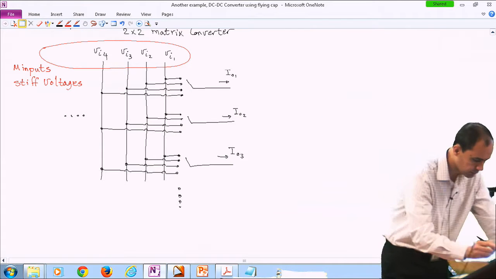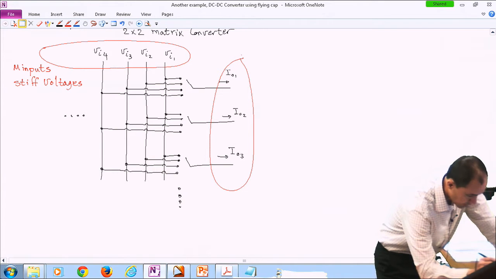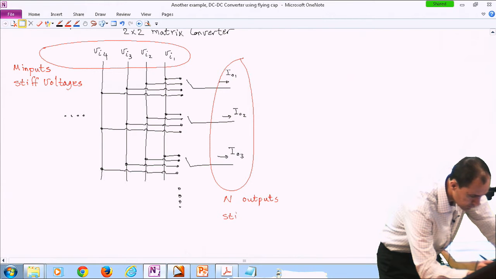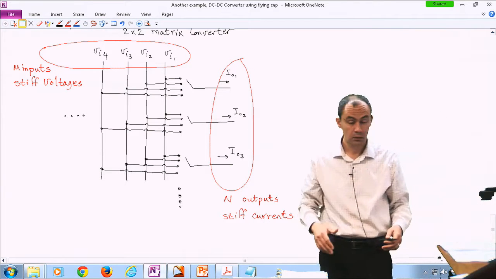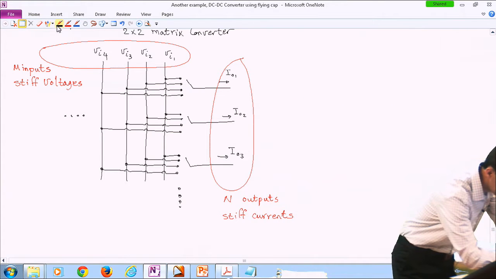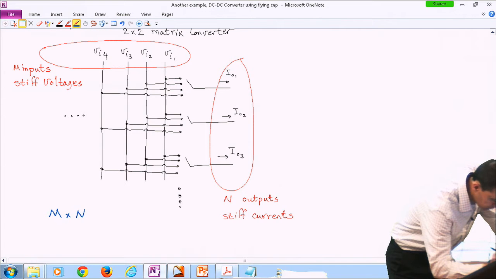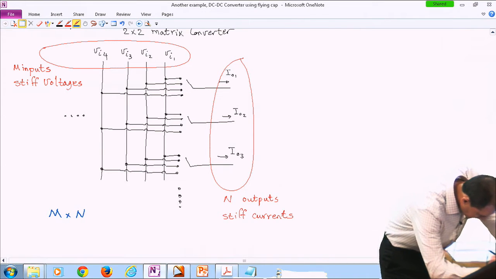And then on the output, I have n outputs, and they are all stiff currents. Okay? So you're going to come up with a name for this topology. It would be an M by N voltage-fed matrix converter.